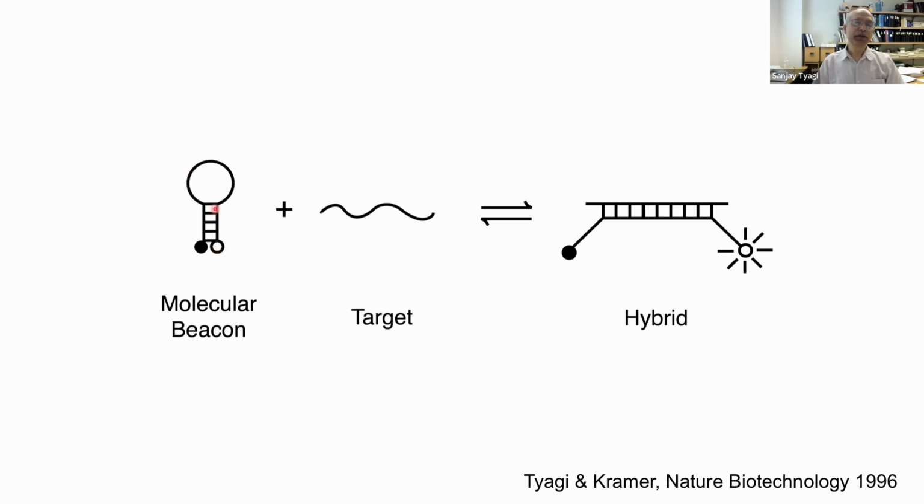And when the loop interacts with the complementary DNA, the hybrid that forms will be long and stretched, and it will lead to separation of the fluorophore from the quencher and appearance of the fluorescence. So that's basically the idea of beacons.